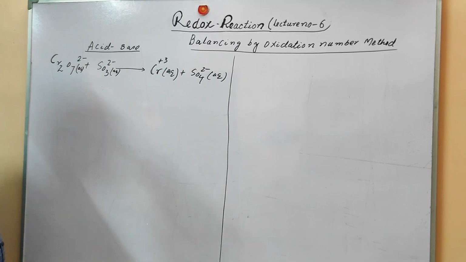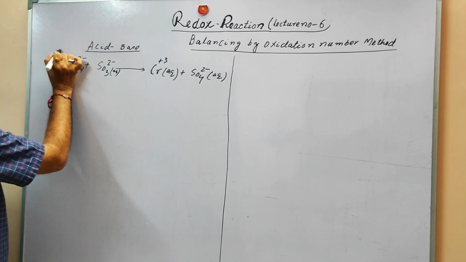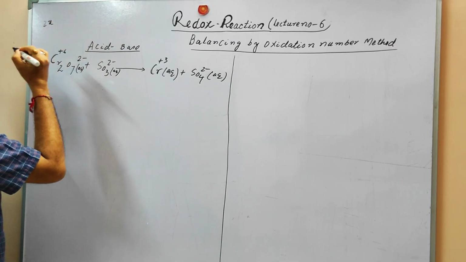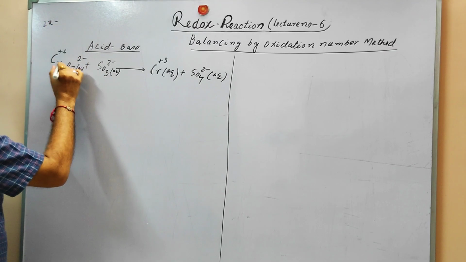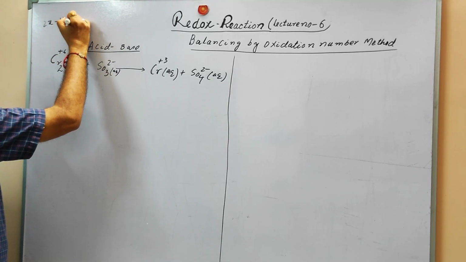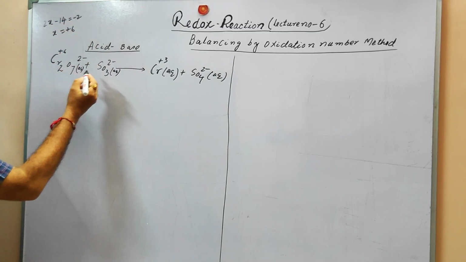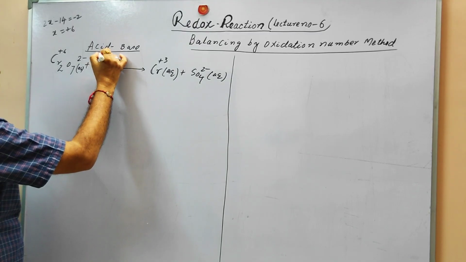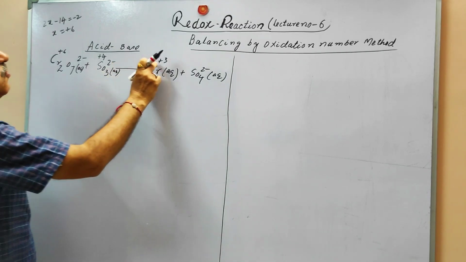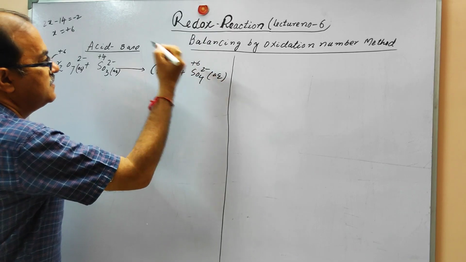For that we have to determine the oxidation numbers. In dichromate, suppose the oxidation number of chromium is x, and oxygen has the oxidation number of minus 2, so 2x minus 14 equals minus 2, so x will be plus 6. For the sulfite ion, we calculate that it will be plus 4. Then the chromium ion has a plus 3 charge, so its oxidation number is plus 3, and in the sulfate ion the sulfur will be plus 6.